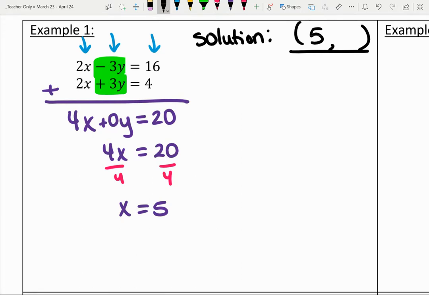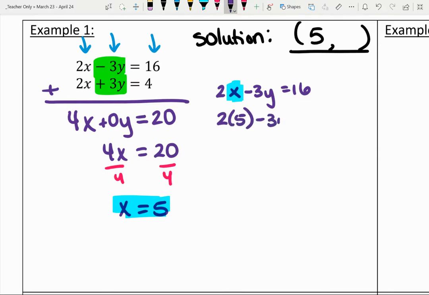But luckily, I've got two equations to choose from to help me figure that out. I'm going to check just using that first equation, 2x minus 3y is equal to 16, and I'm going to use that x value of 5 and replace it right here and see what I get for y. So that will give me 2 times 5 minus 3y is equal to 16. 2 times 5 is 10.